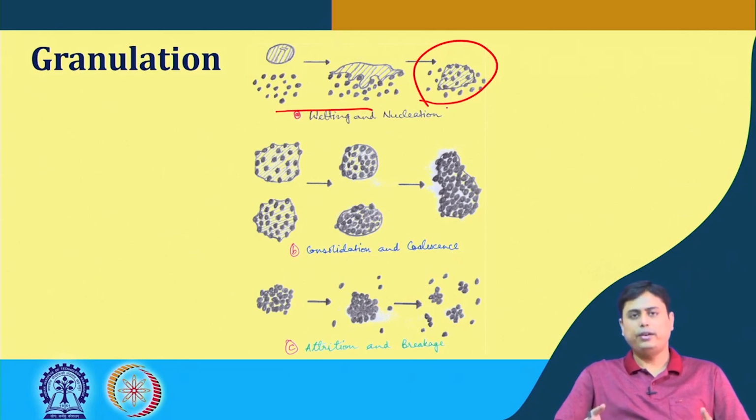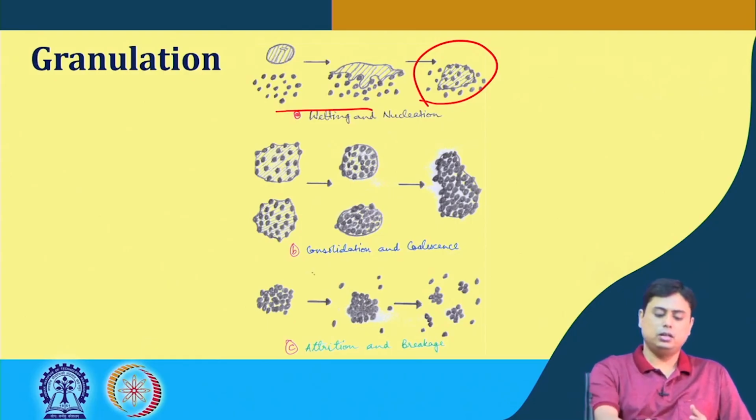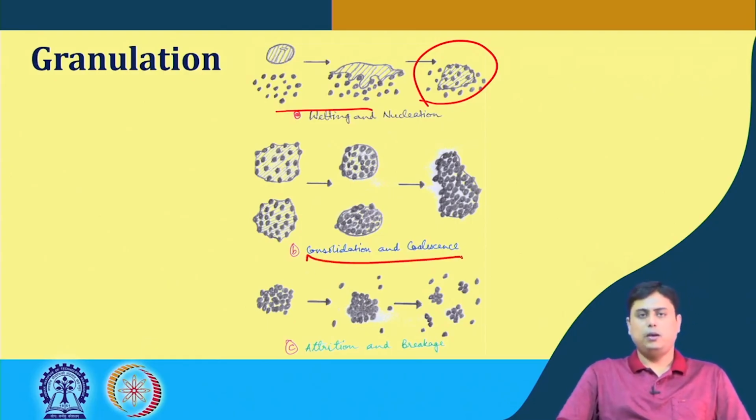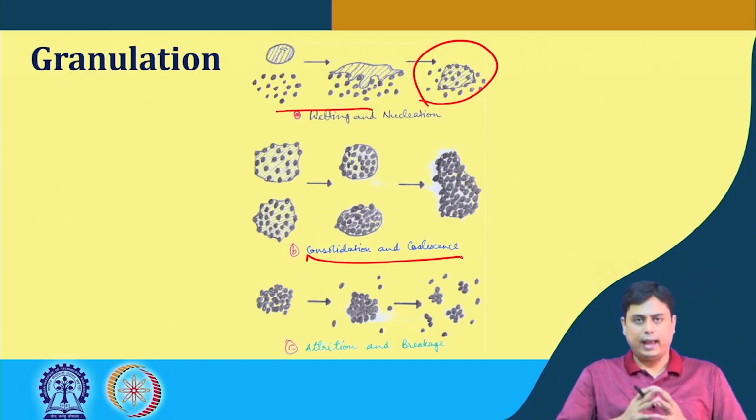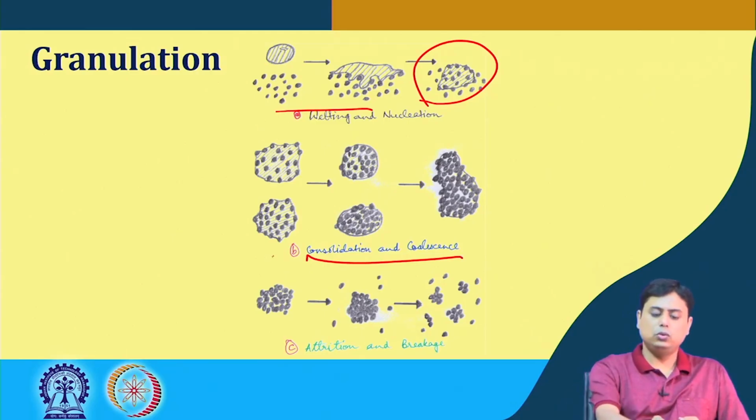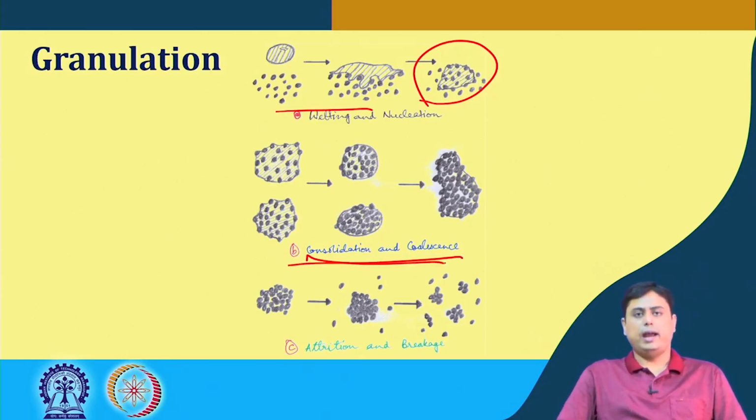Now in the next stage, the consolidation and coalescence step, this granule consolidates itself, and that happens either by coalescing with another granule or by coating with the smaller particles, the original particles.